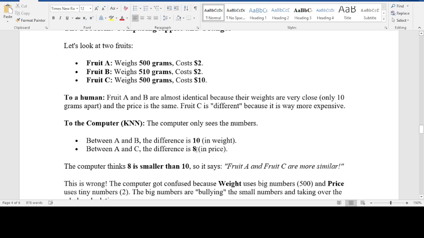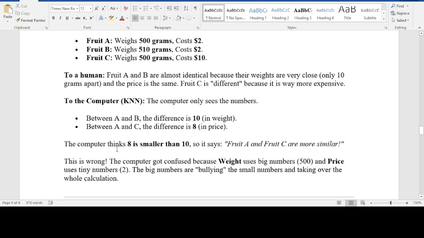Because the number 8 is small, they are very near. According to the system, A and B distance is 10, and A and C distance is 8. The distance is very near for A and C, so the system thinks A and C are similar, which is wrong.